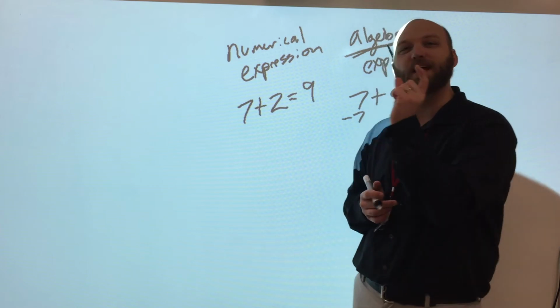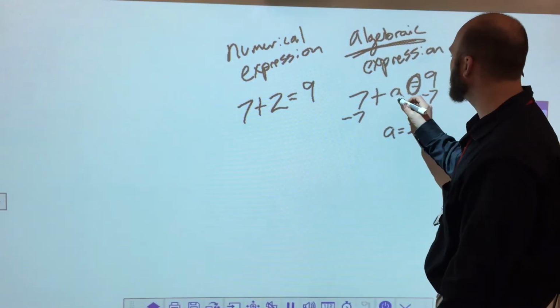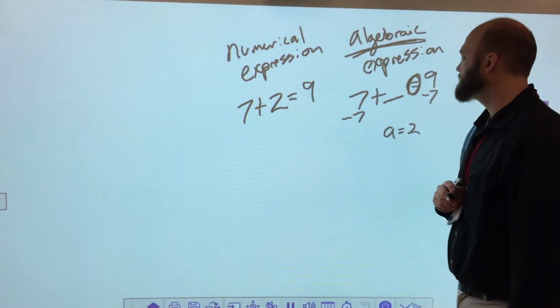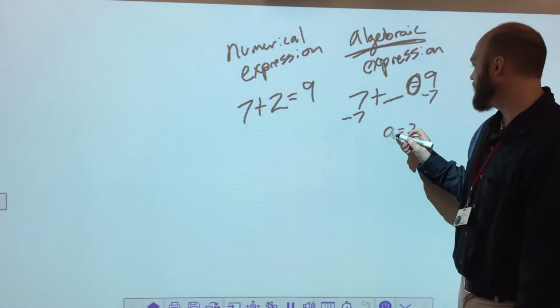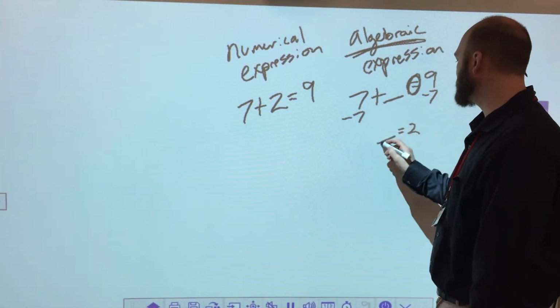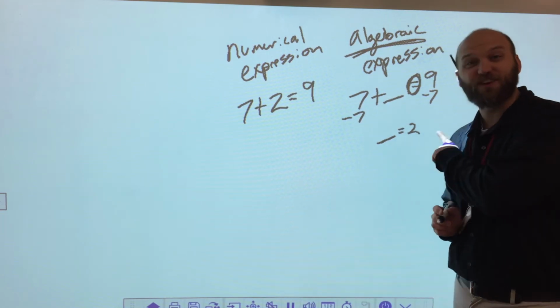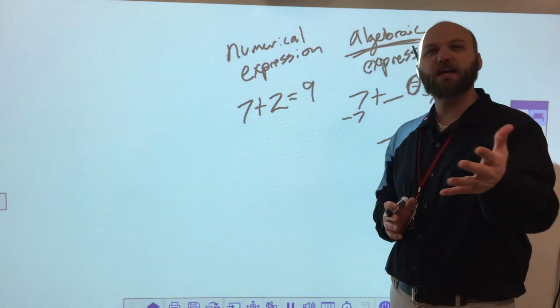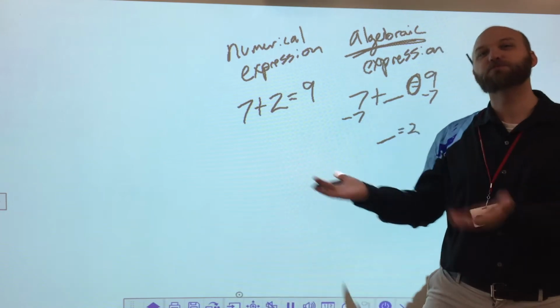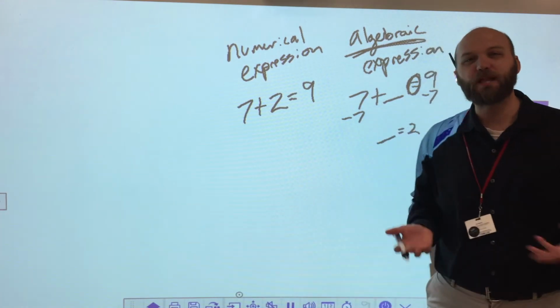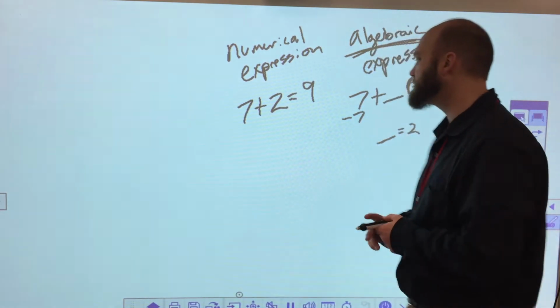The letters are just holding that space. So we could just as easily do this: some blank space, 7 plus something equals 9. And then you realize we just turned this into a second grade problem. And in second grade, you were essentially solving algebraic expressions. They just left it blank instead of putting a in its place.